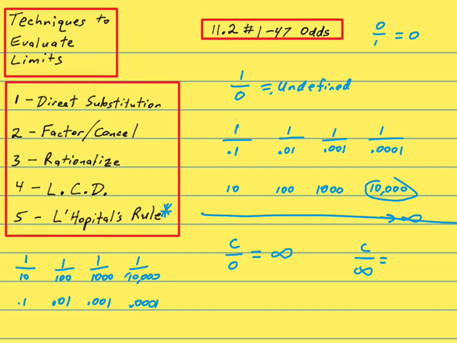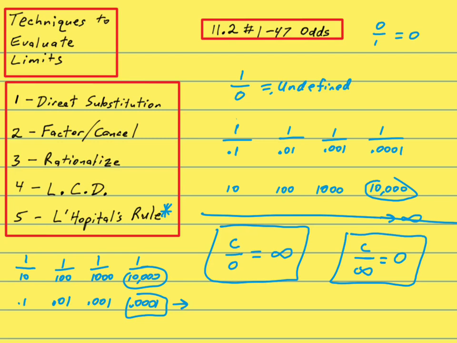So as the bottom gets bigger, the value gets smaller. So the constant over infinity would be 0. These are a couple of facts that help a little bit as far as comprehension and getting to the right values. So we sometimes can divide by 0.